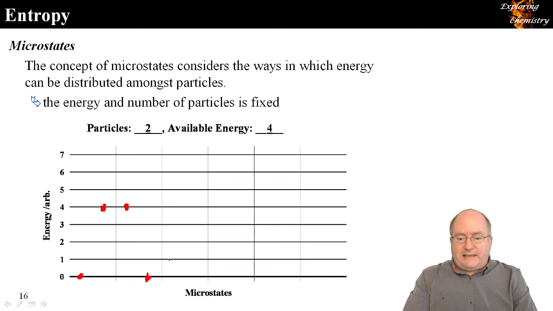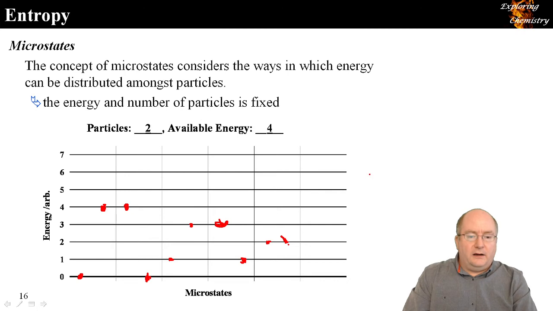We could do the exact same thing with 1 and 3, or 3 and 1. So there's 2 ways of doing 0 and 4, 2 ways of doing 1 and 3, and the last is to have them both here, both at 2 and 2.